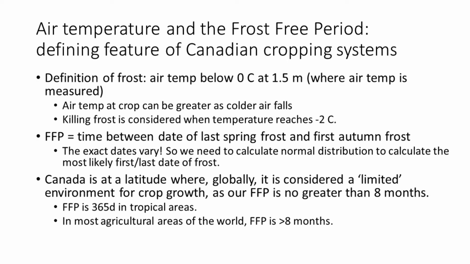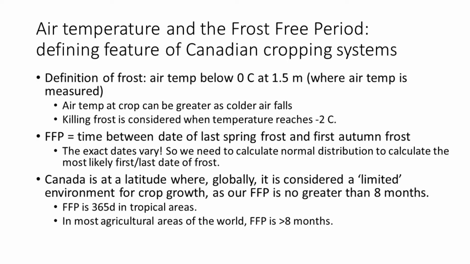Frost-free period has a pretty simple definition, and it represents the time available for a crop to be grown for agricultural purposes. In Canada, the frost-free period is never greater than 8 months, and in most places it's much less. For example, in Ontario, the frost-free period is normally 6 months or lower, depending on where you are in the province.